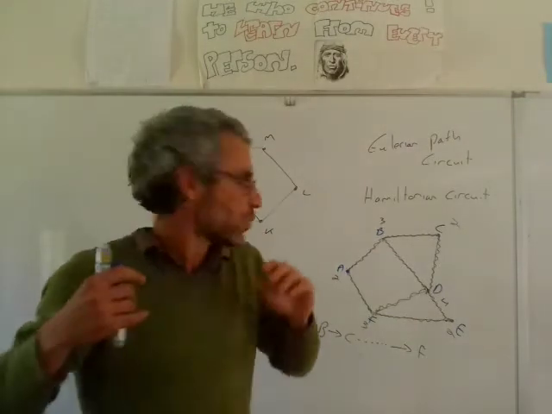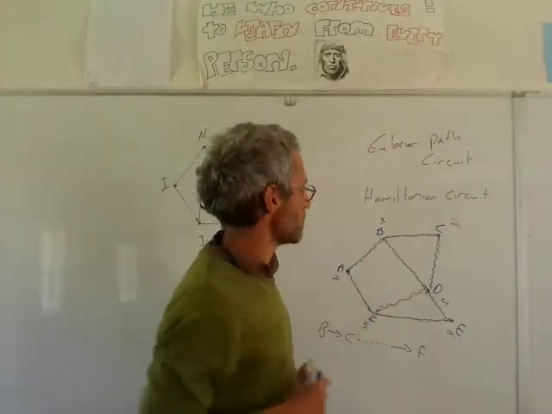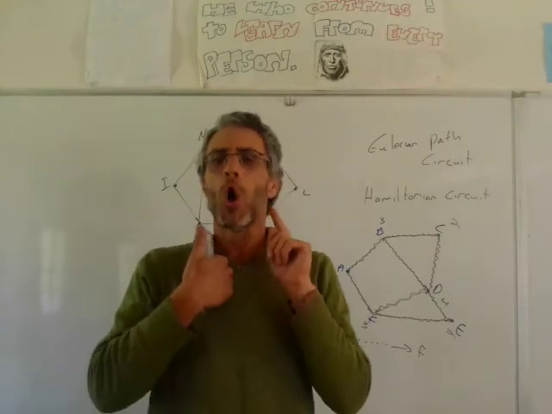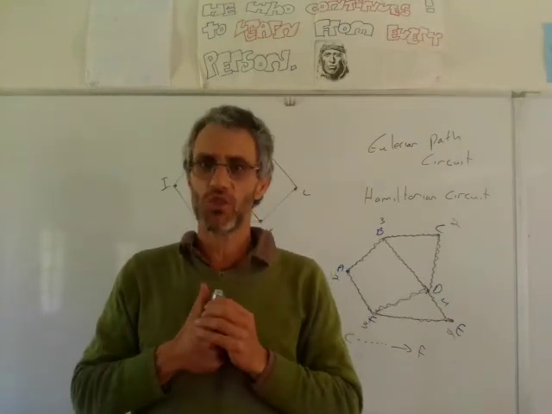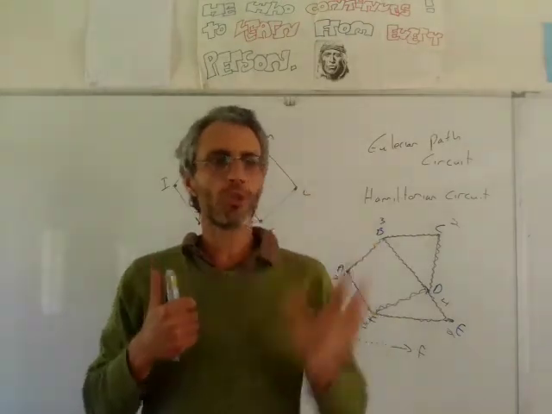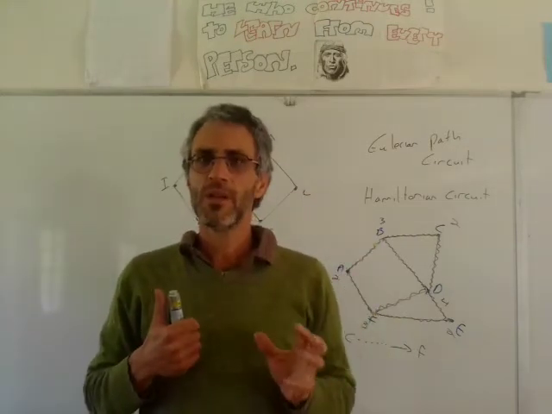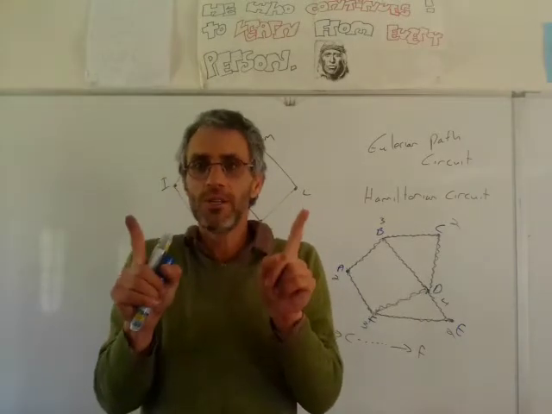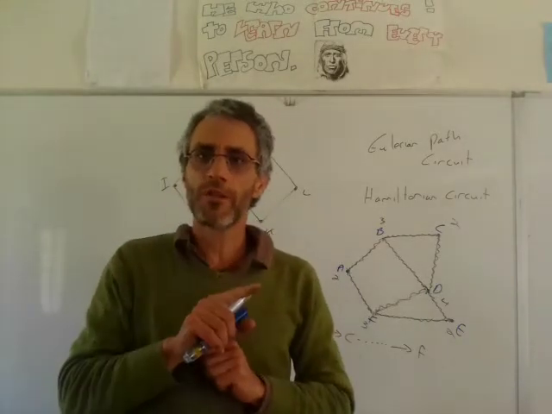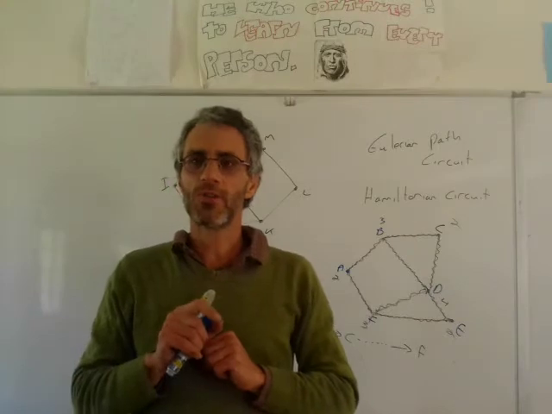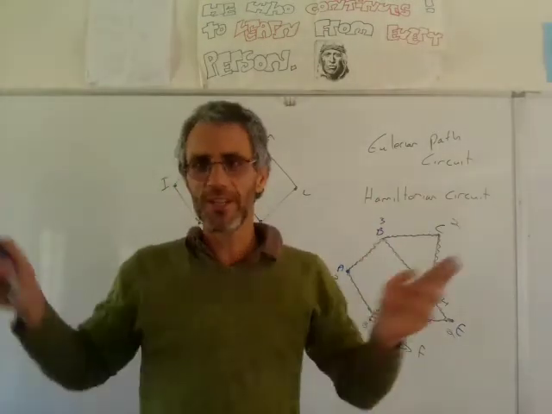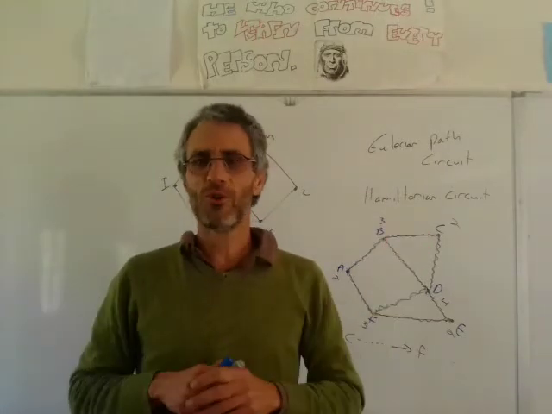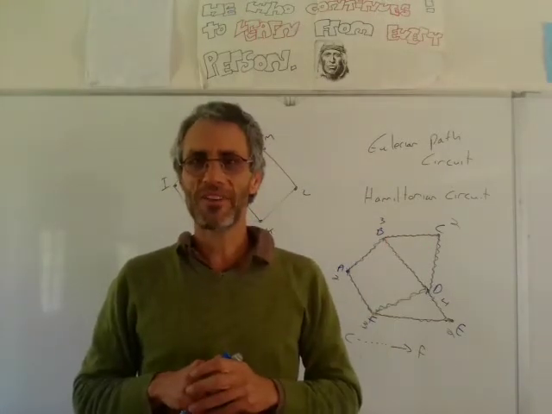For an Eulerian path and circuit, the only way to have an Eulerian circuit is that all degrees are even. If 2 degrees are odd, then you can have an Eulerian path and not an Eulerian circuit. If there are more than 2 vertices with odd degrees, then you can't even have an Eulerian path. Okay, hopefully that makes sense.